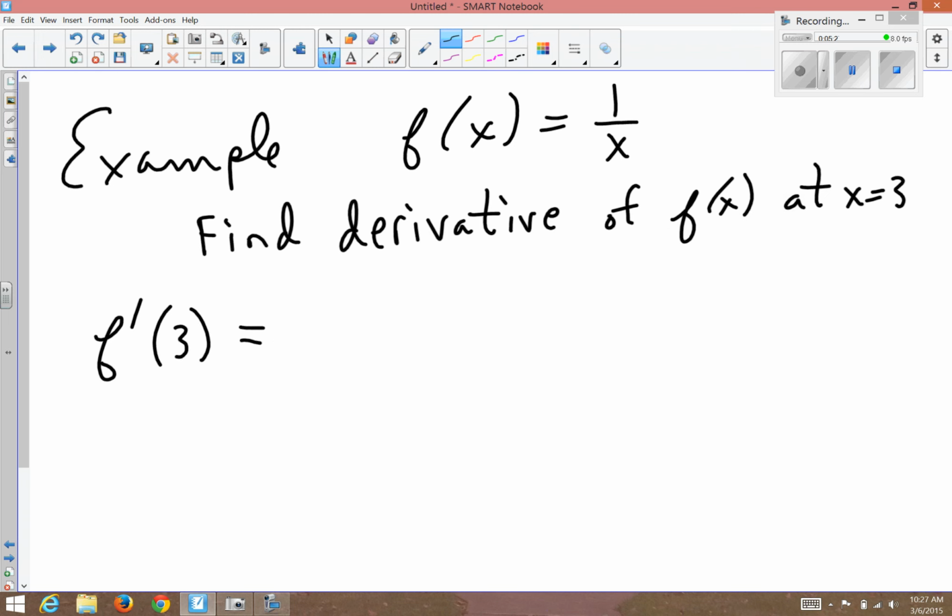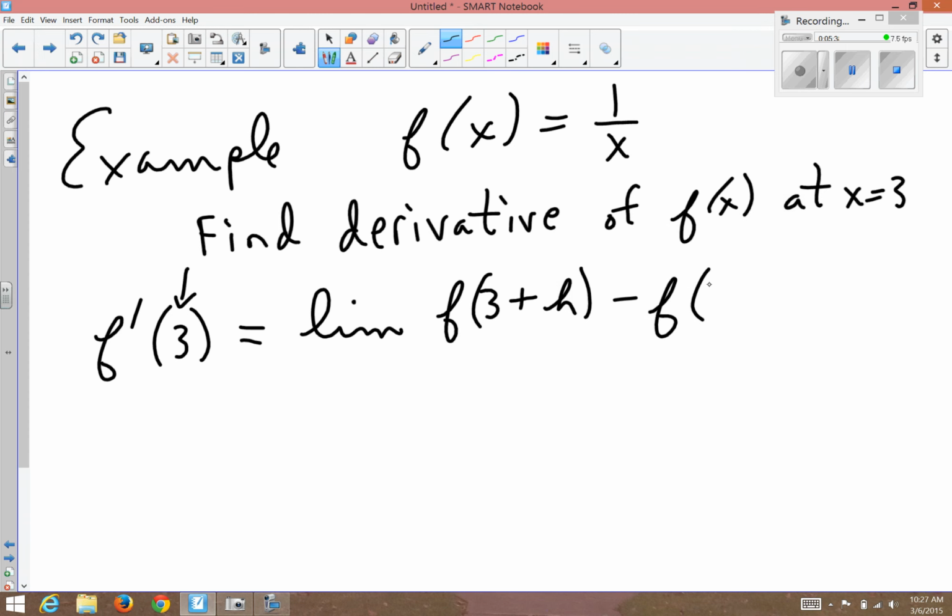So I know the definition by heart. It's the limit of f of this number plus h minus f of this number all over h as h approaches 0.